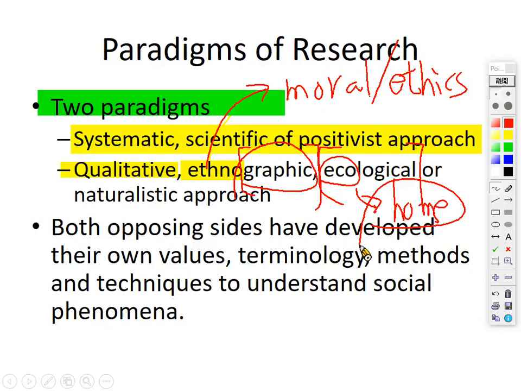We create the test environment. However, in qualitative research, we do not. We are just there. So the approach we take is also called naturalistic. Whatever it is, we just take whatever it is. We just get into the field.